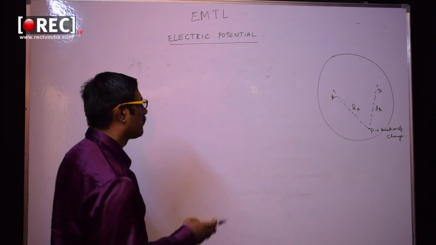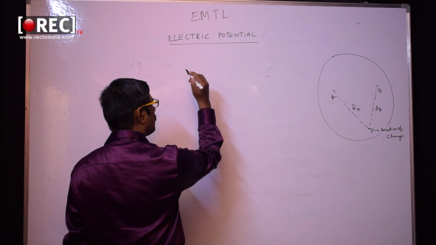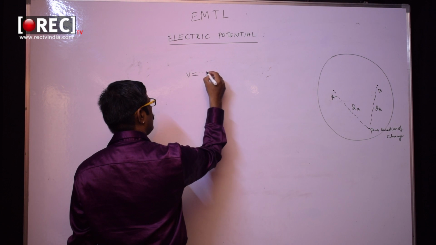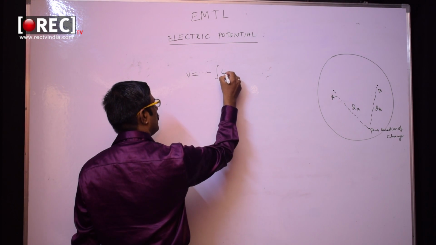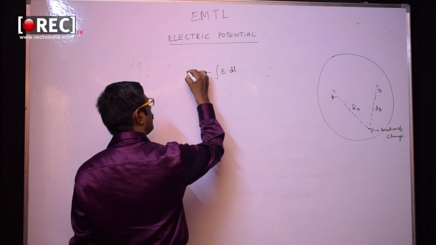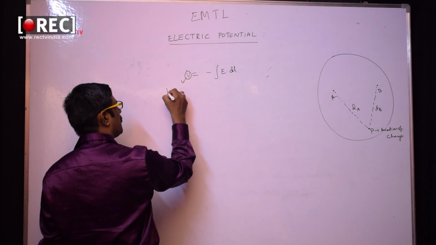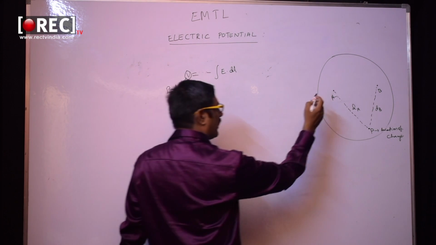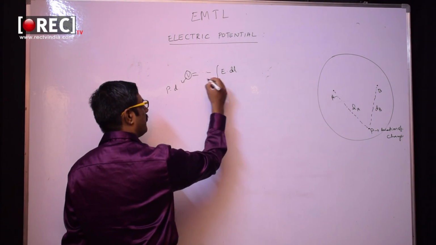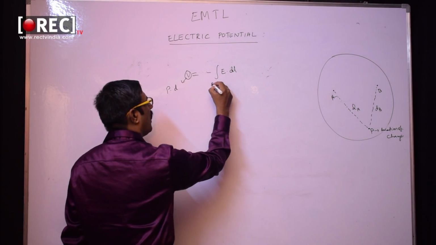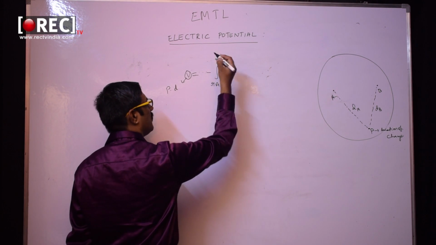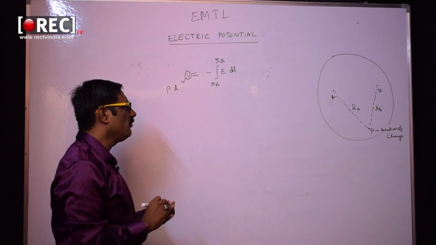Now the general expression for potential difference is simply V equals minus integral E bar dot dl, and this V is nothing but the potential difference. Let us consider the starting point is A. If I apply the same equation here, RA to RB, or we can as well take dA to dB.